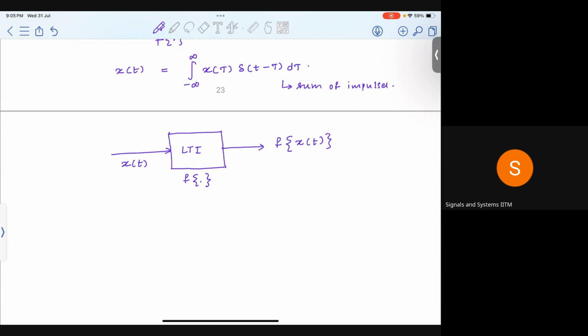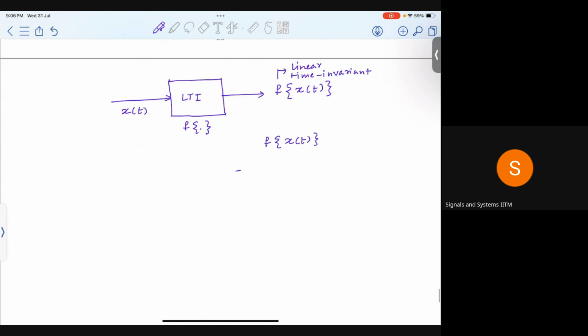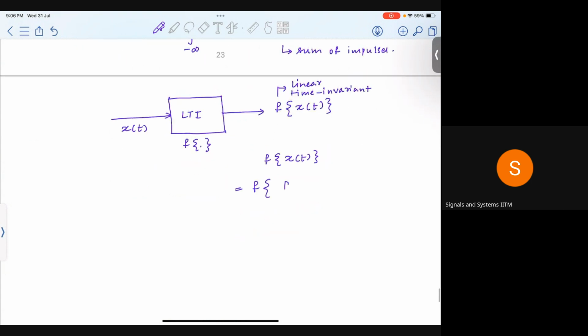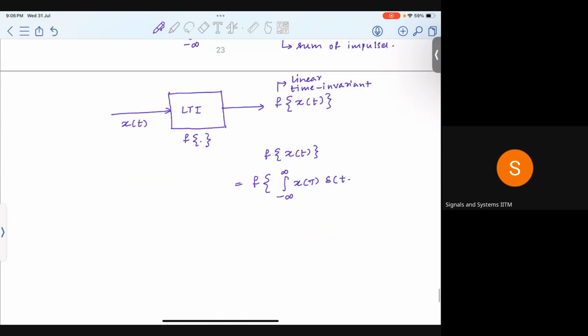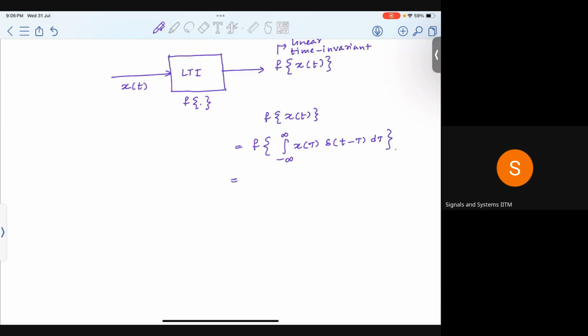So let's try to evaluate f of x of t. Since x of t can be written as a sum of impulses, this is f of the integral from minus infinity to infinity of x of tau del of t minus tau d tau. Correct? And remember, f is a linear function.